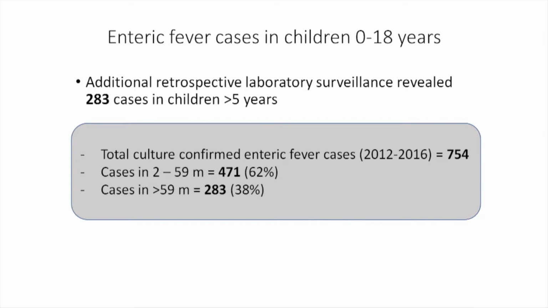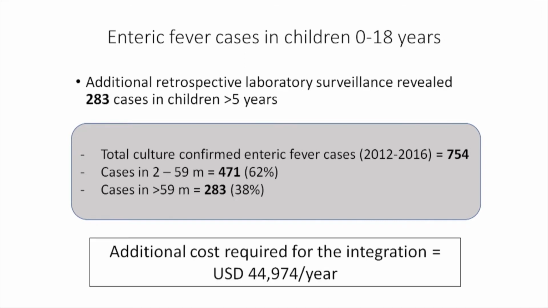So now, in total, in all ages, we found 754 confirmed enteric fever cases. 62% of these were under 5, 38% were over 5. And the total cost required to integrate this enteric fever surveillance into the IBVPD platform in 2 sites was about $45,000 per year.